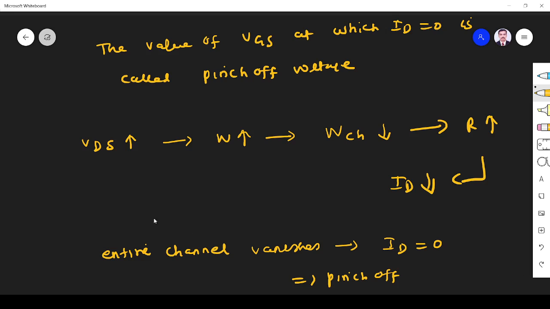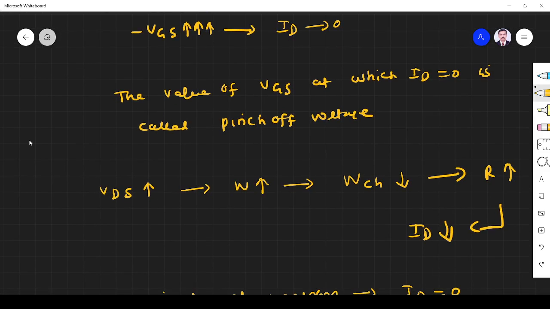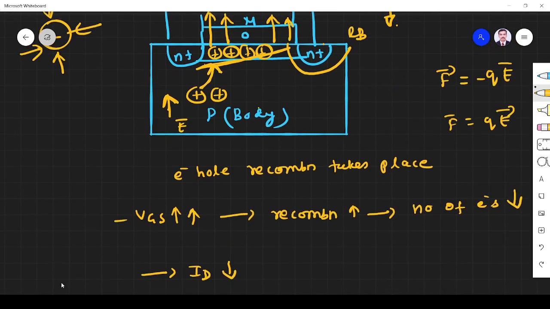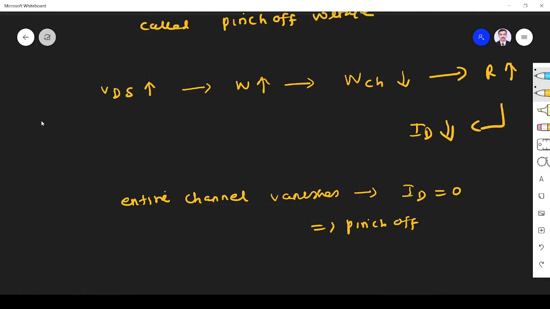Right? So here, when you increase negative VGS, ultimately what will happen? The channel will be removed. We are removing or depleting the channel. That's why it is called the depletion MOSFET.